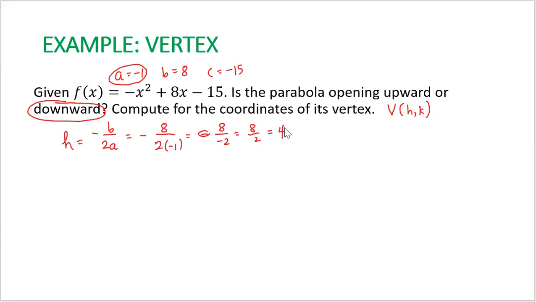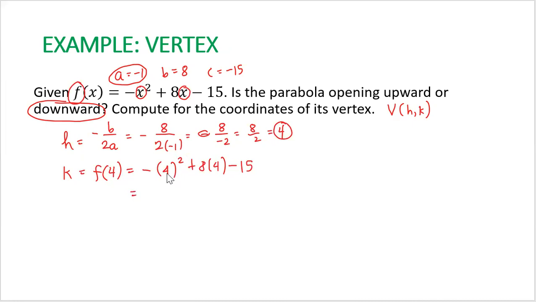Now, to get the y coordinate of the vertex, we just evaluate the given function f using the x coordinate of the vertex. So we have f of 4, which means that we should substitute 4 to every occurrence of x in the given function. Hence, we have negative of the quantity 4 squared plus 8 times 4 minus 15.